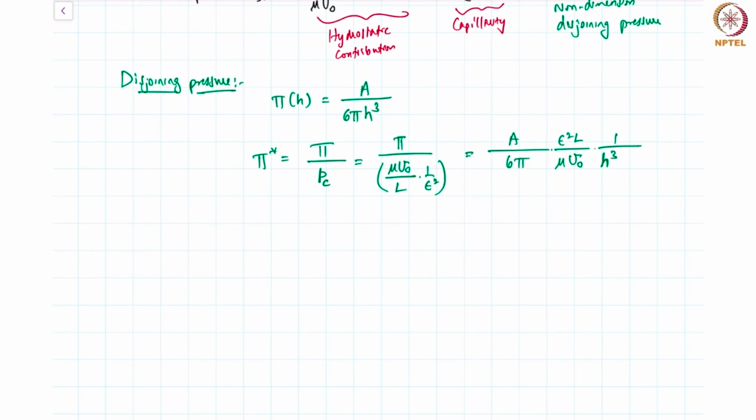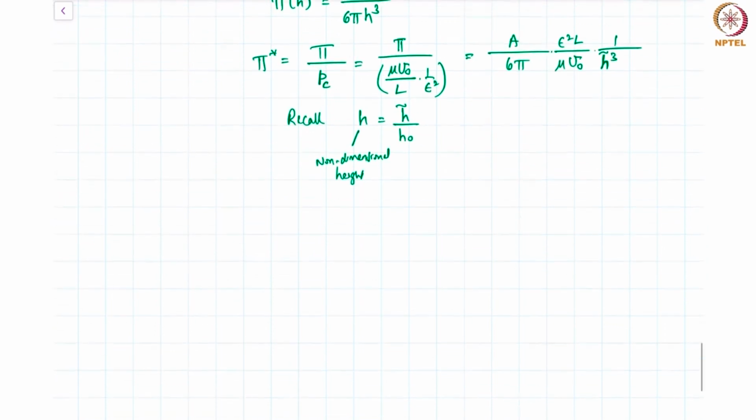But this h is now a dimensional h, and therefore I'll use the tilde symbol. We also know that the non-dimensional h would be the dimensional h by h naught.